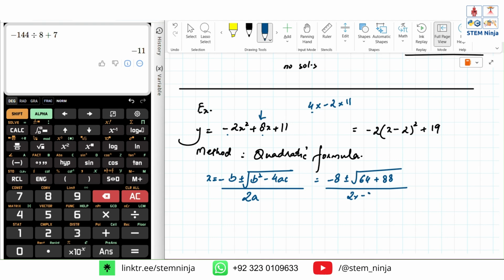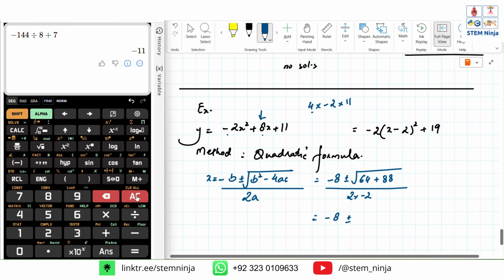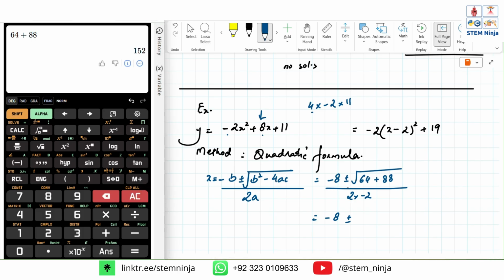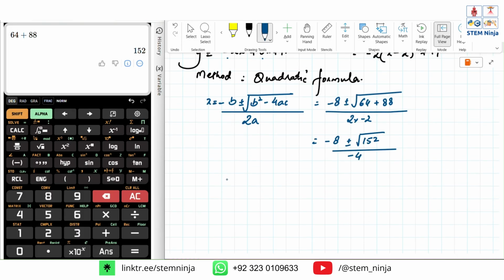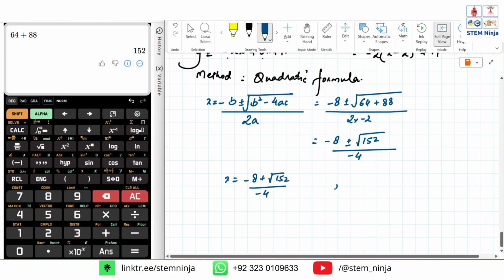So 2 times minus 2. So let's simplify this. 64 plus 88, 152, divided by minus 4. So one answer for this would be minus 8 plus root 152 divided by minus 4. The other answer would be minus 8 minus root 152 divided by minus 4.